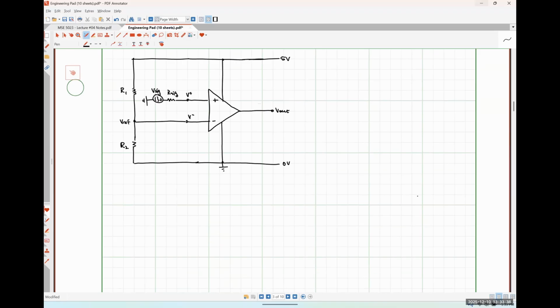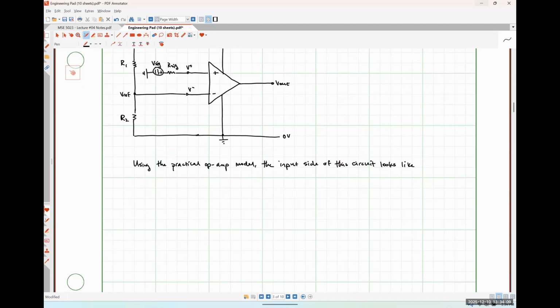So using the practical op-amp model, it looks like this.